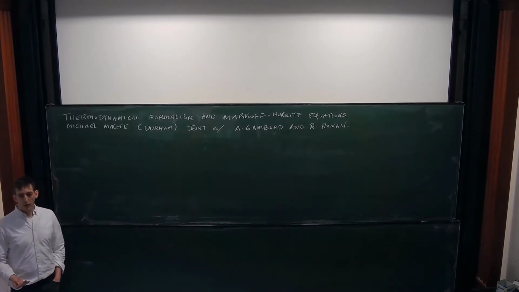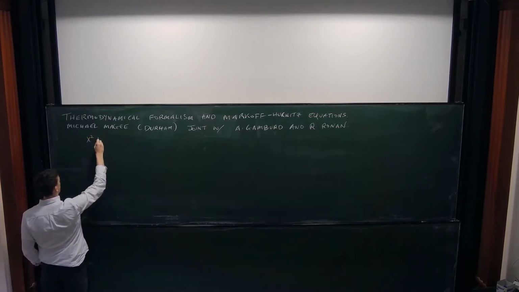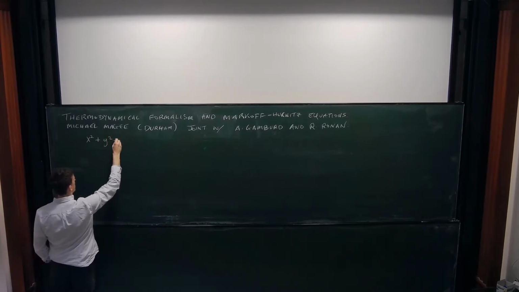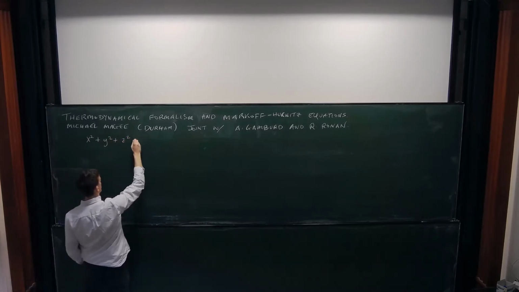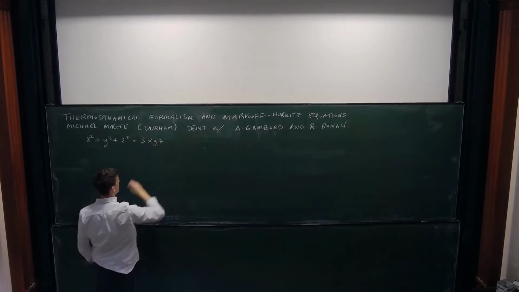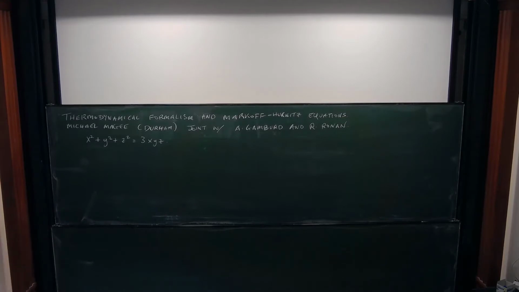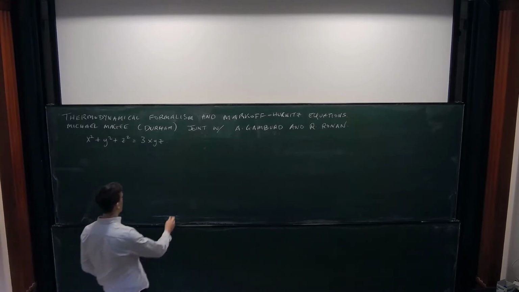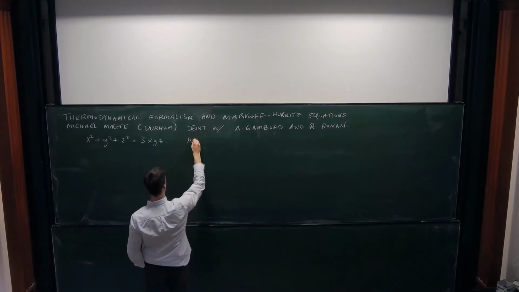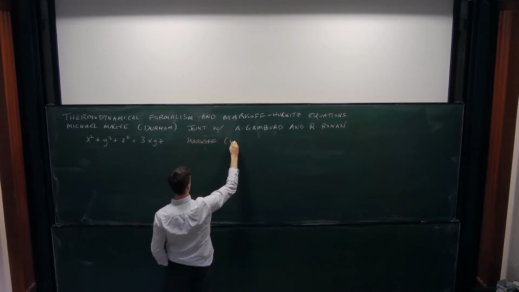So we begin with some Diophantine equations. The first I want to show you is x squared plus y squared plus z squared is 3xyz. This Diophantine equation may be familiar. It was studied by Markoff in 1880.